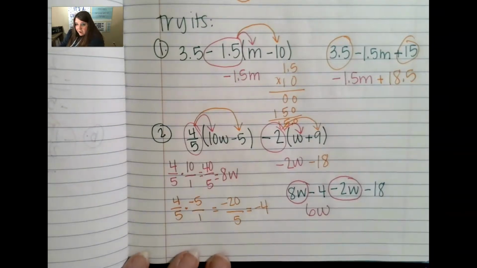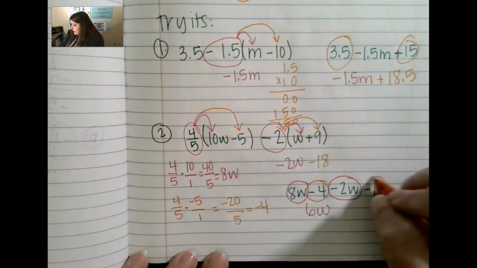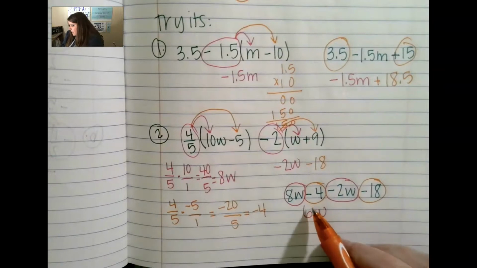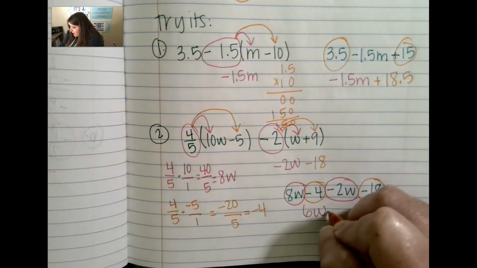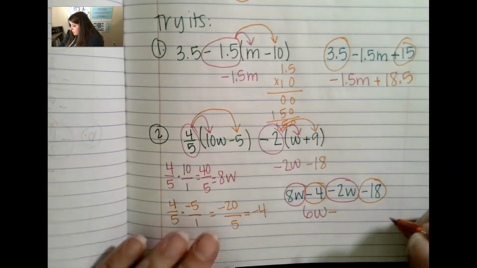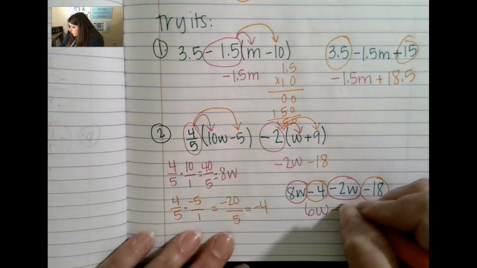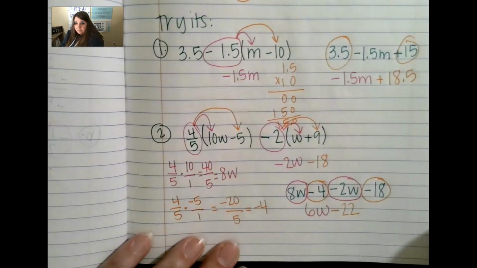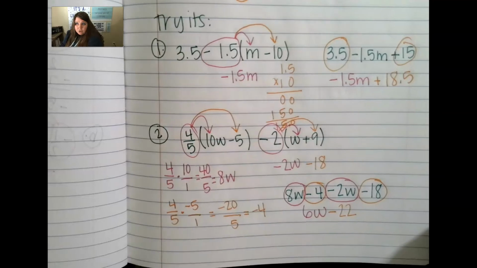And then I have negative 4 and negative 18. All right, so if I start with negatives and I add more negatives, that's all I have is negatives. So I have negative 22. Look at that. So my answer is 6w minus 22.